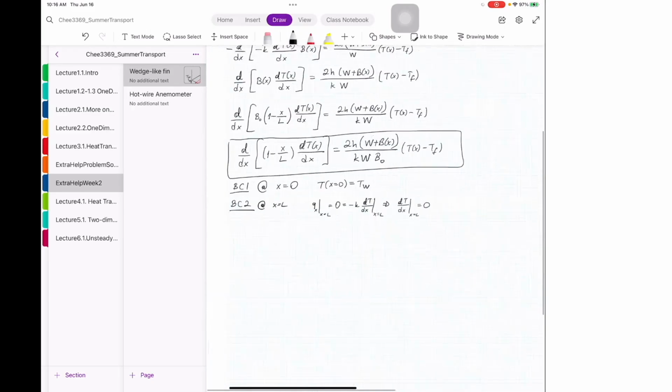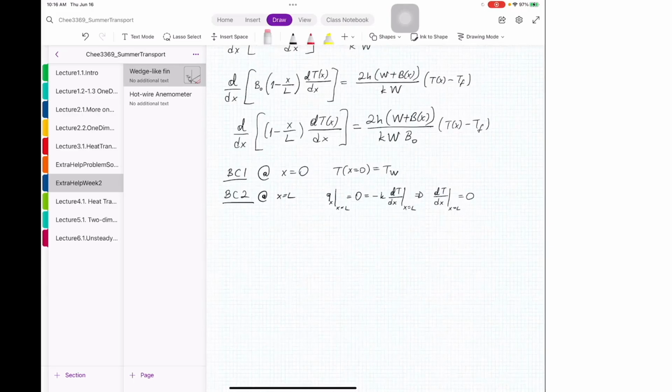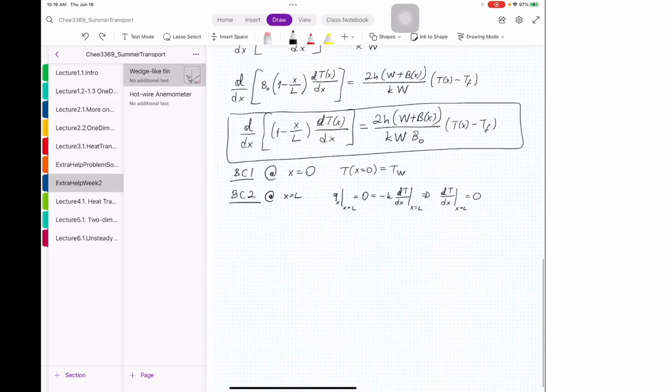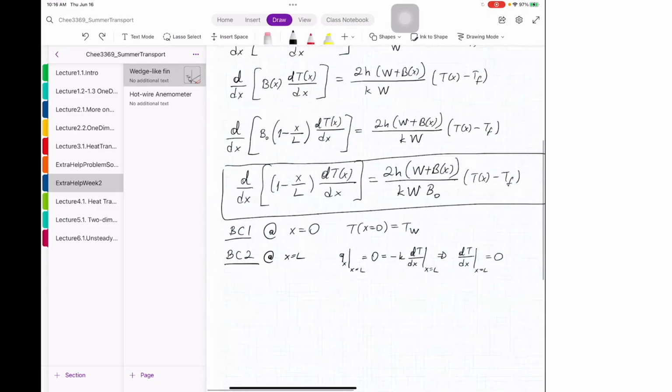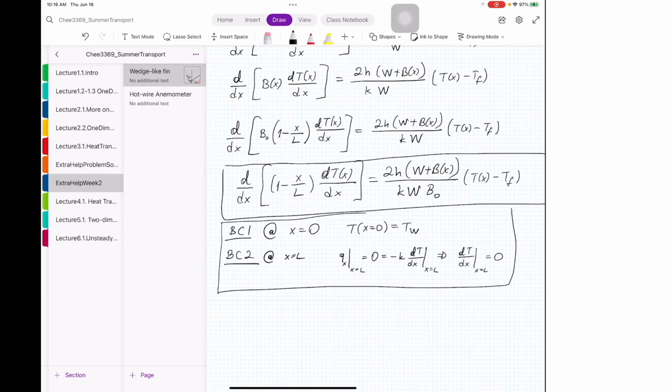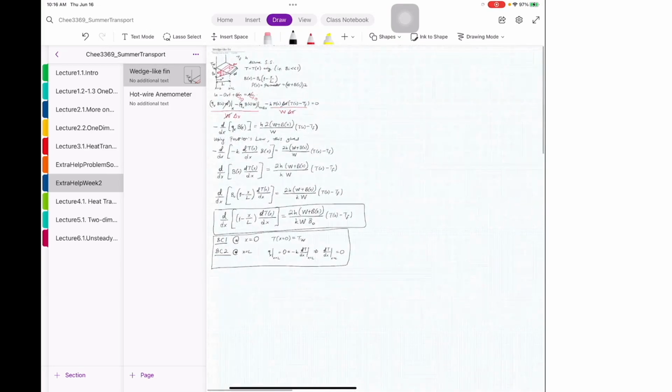Okay, so these are the two boundary conditions which are being asked in the problem. There you go. So that's all. Any questions so far?